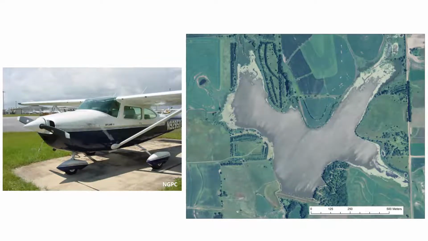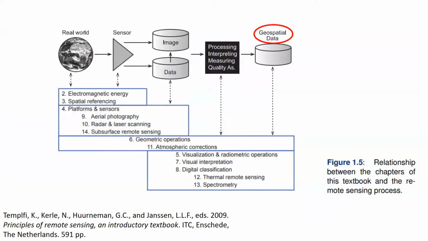You could mount a sensor on a drone to pick up all this type of information, even information that isn't visible to our eyes. You could key into different parts of the electromagnetic spectrum. This whole science of remote sensing includes innovations in the technology and in processes for processing, interpreting, and measuring the data.